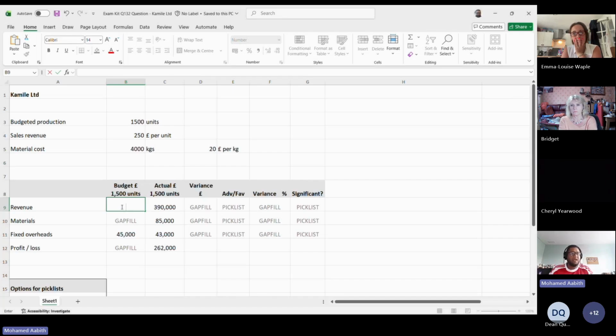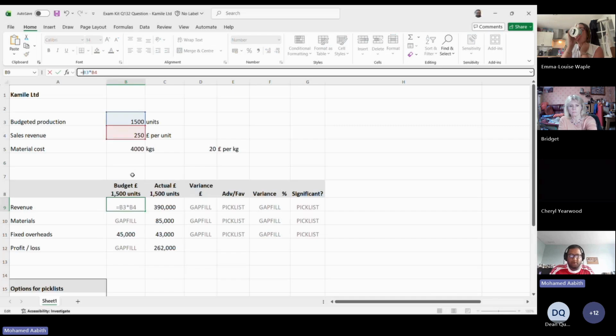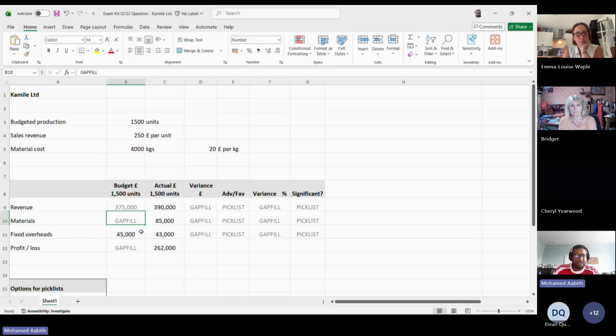So I will say B3 times B4. If I enter it, it does not produce an answer. But if I put an equal sign in front of it, you can now notice it has recognized these two cells, B3 times B4, and that will give you 375,000 pounds.